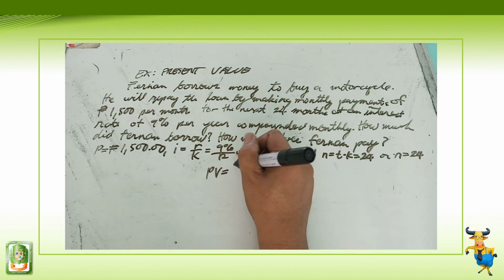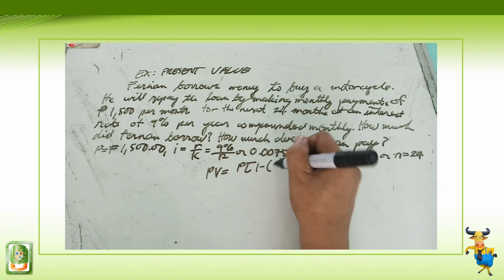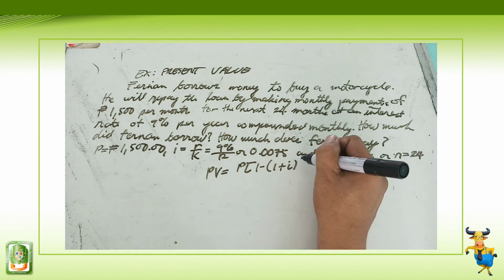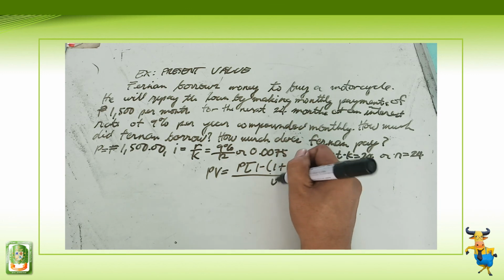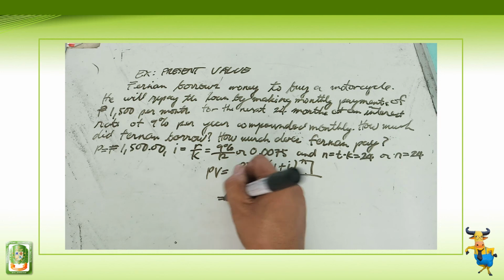So, the present value is equal to P times 1 minus 1 plus the interest rate raised to negative n over the interest rate per period.